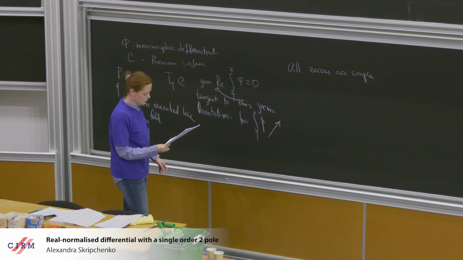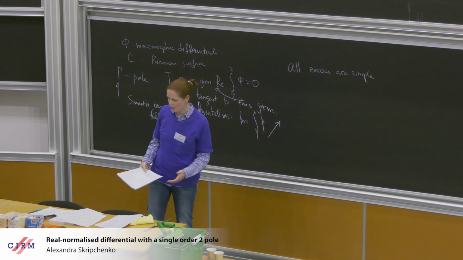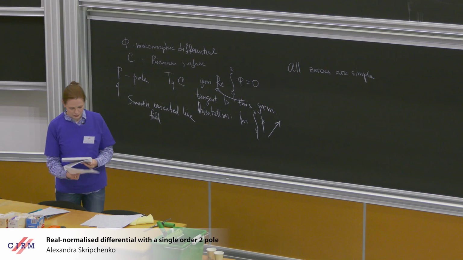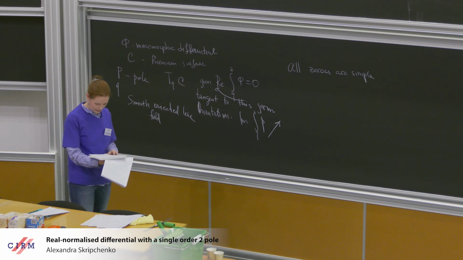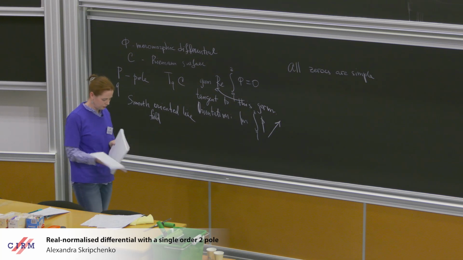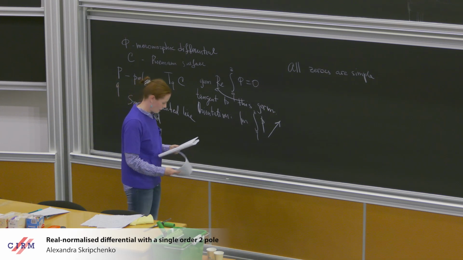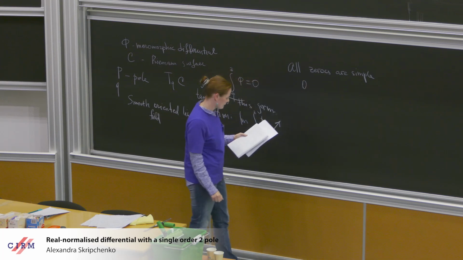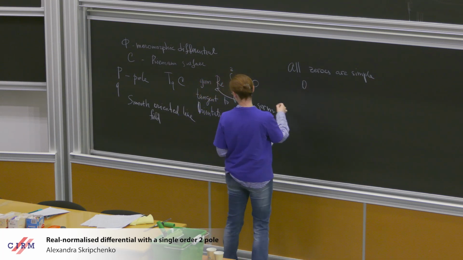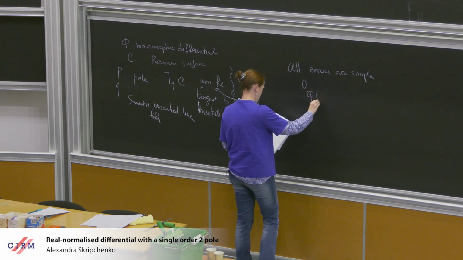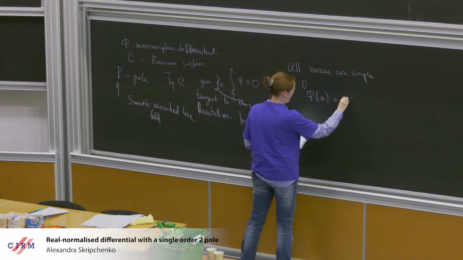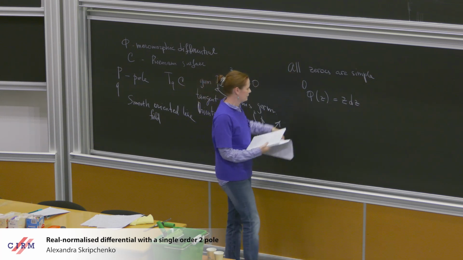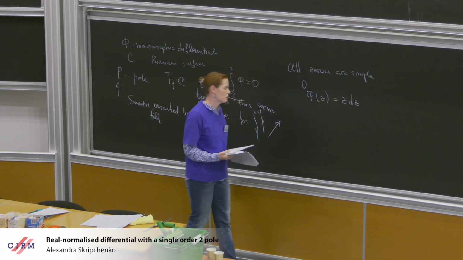So let's see what's going on when we look at the pole and what's going on when we look at the zeros. If we have a zero of order k, then locally I can think that my differential would look around there like z^k dz, because around this zero locally I can introduce such a coordinate.